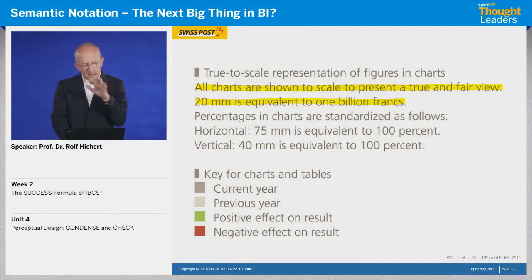20 millimeters is equivalent to 1 billion Swiss francs, which is very, very normal for architects, for engineers, or for geographic maps, that people say, well, 1 mile equals 2 millimeters, or 1 kilometer is 2 centimeters. This is quite normal, but it's not normal at all in annual reports where the scaling somehow is not standard all over the report.